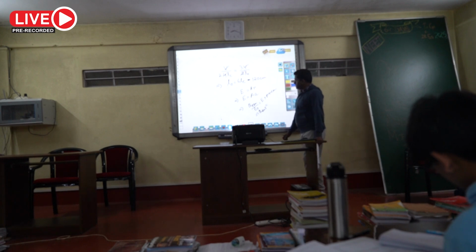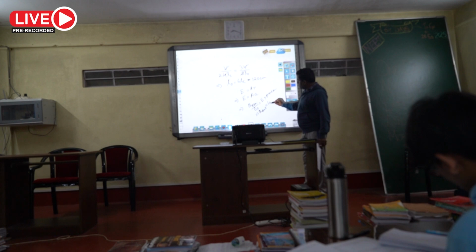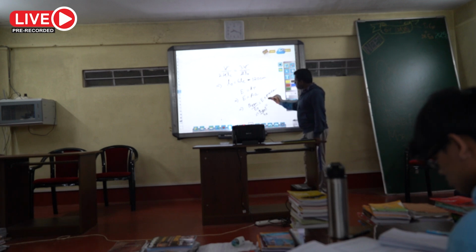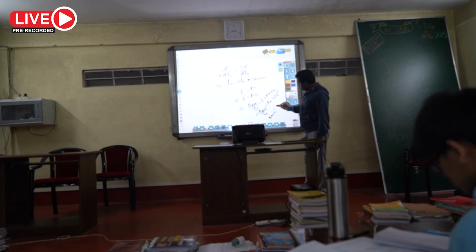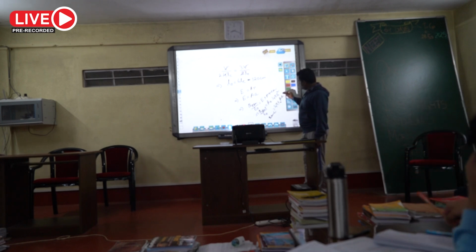So Q enclosed equals E into area divided by epsilon naught. E is A into small a and area is 4 pi a square. So just multiply and write Q enclosed equal to 4 pi epsilon naught capital A cube.